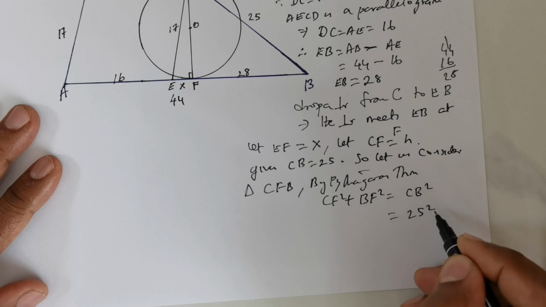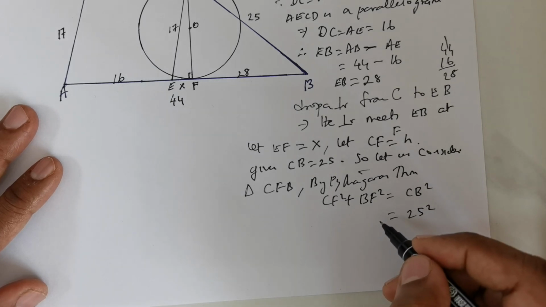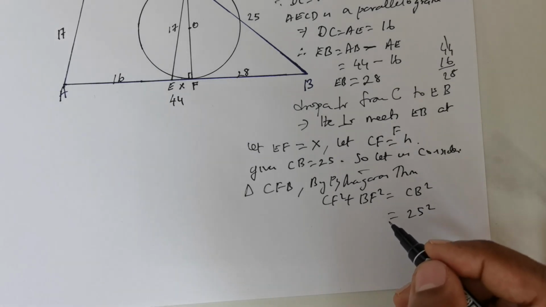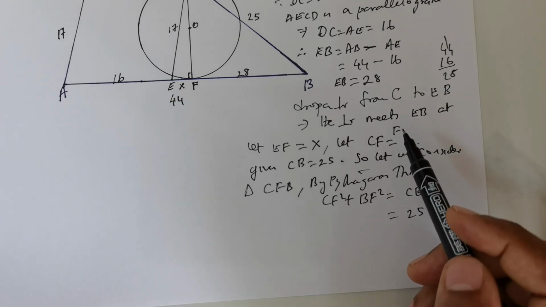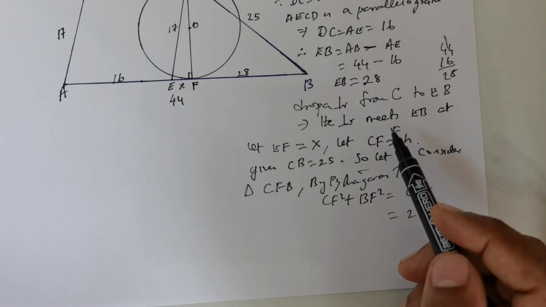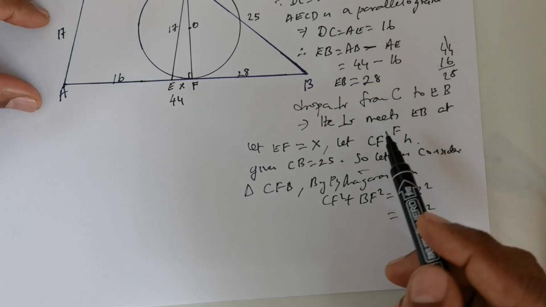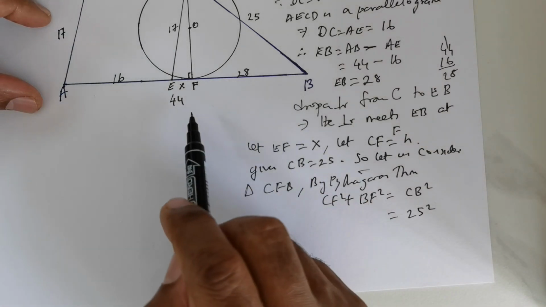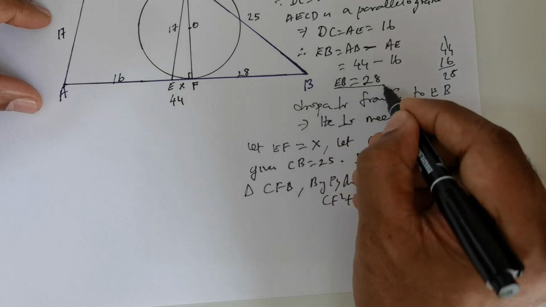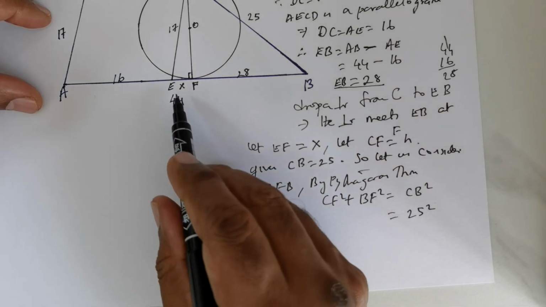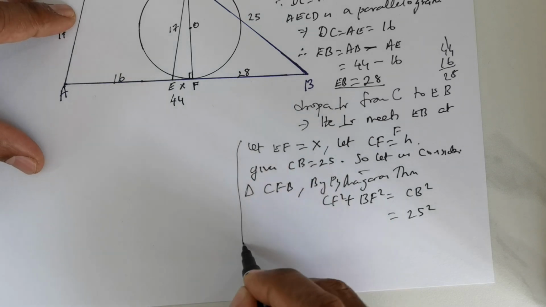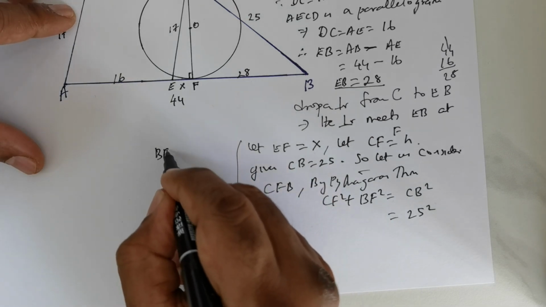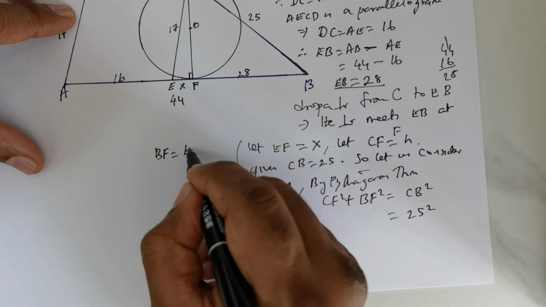This is 25 squared. BF, what is BF? We've got the value for EB, right? Not BF. So how do you get the value for BF? So let me write that down here. Now BF is EB.